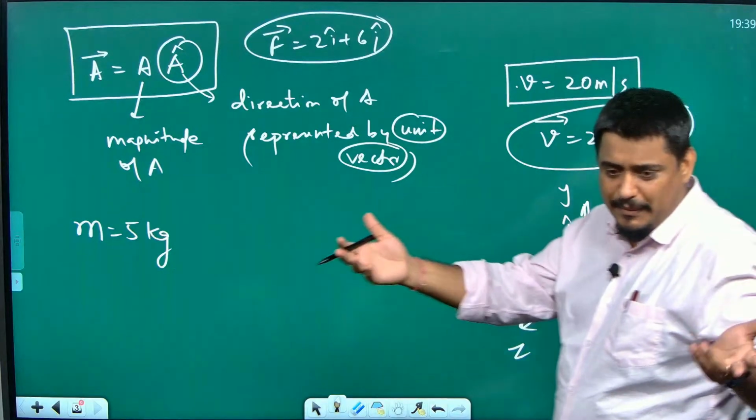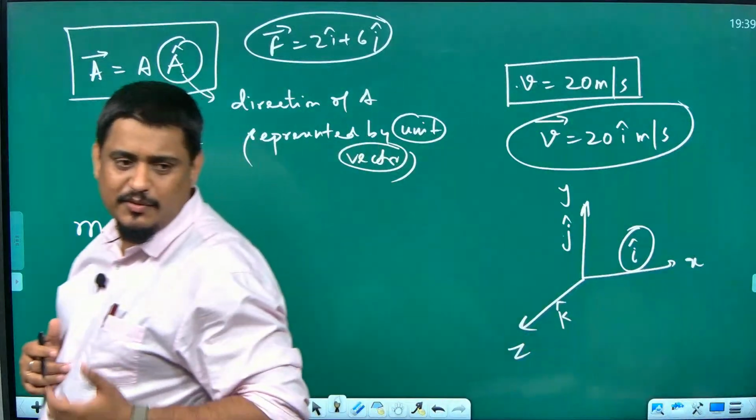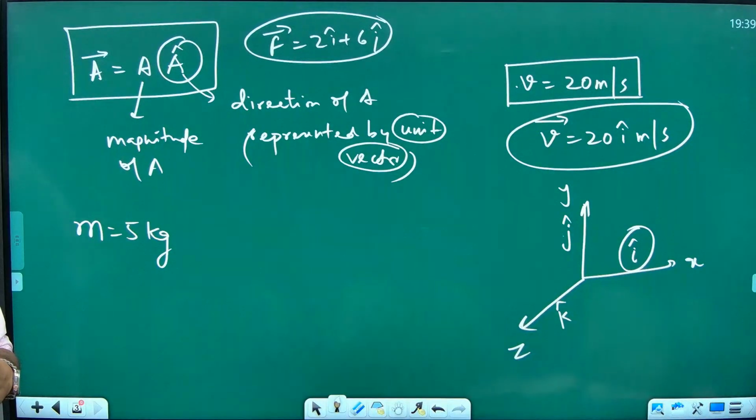But we are local people, we say how we want. So we will say mass is 5 kg. We are lazy to say it in full. But the reality is, it is not mass, it is magnitude of mass. If I write here F is equal to 5 Newton, you know what this is? Magnitude of force is 5 Newton.